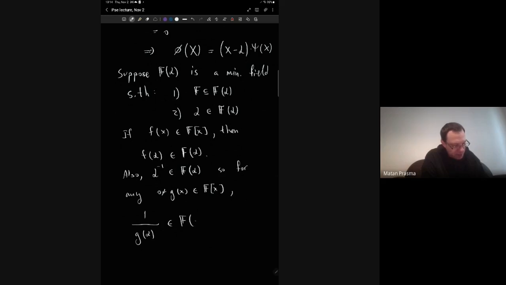Because g of alpha has to be an element in F of alpha, and therefore it has to have an inverse.